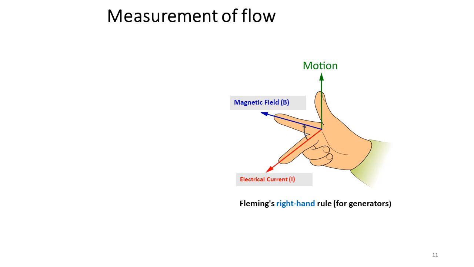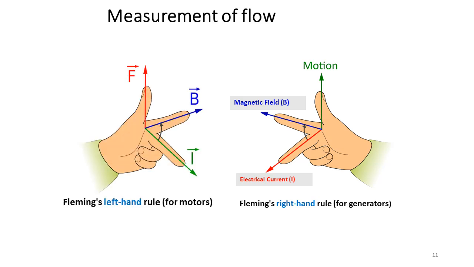For example, a simple bicycle has a simple light that works with the motion of the bicycle. How is this light turned on? When we ride the bicycle in the magnetic field, we can produce current and voltage, and this can turn on the light of the bicycle. So this is the basis of measurement of flow in the laboratory and clinics.